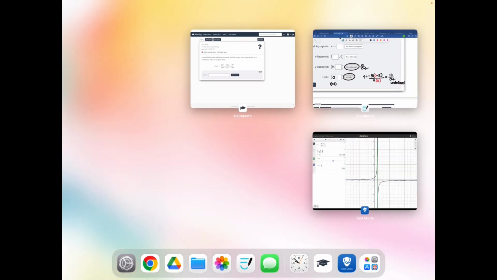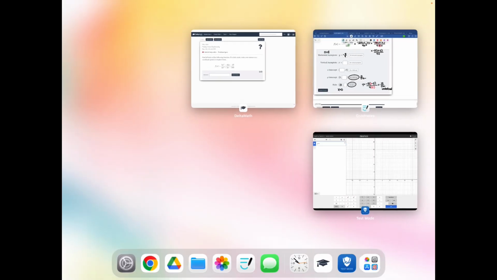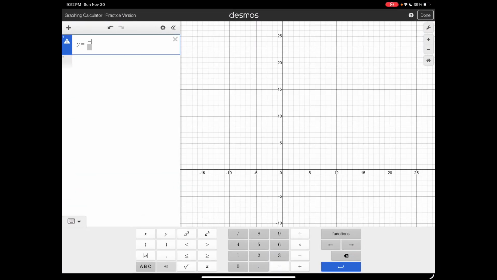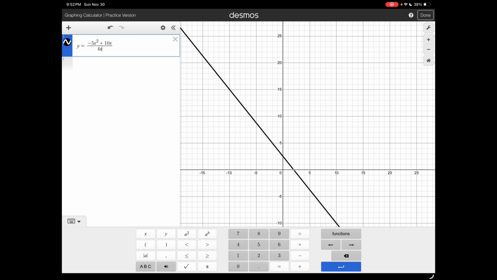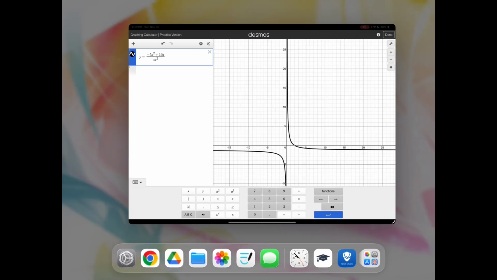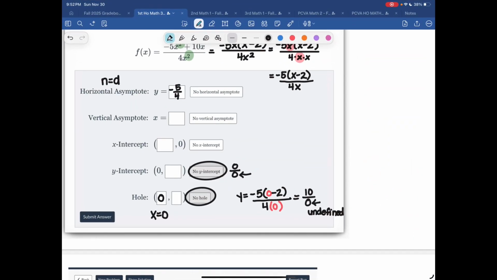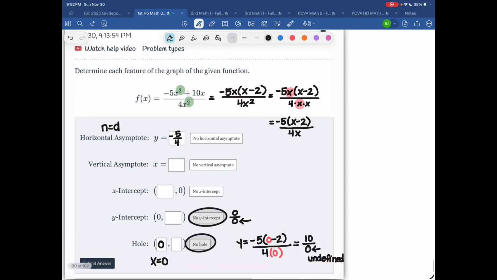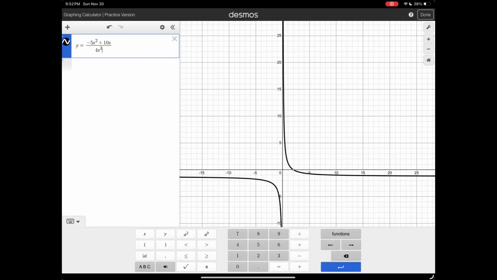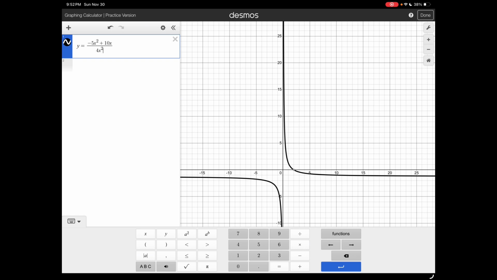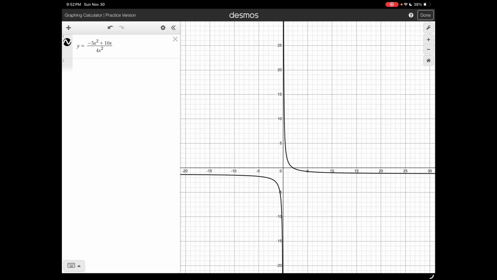All right, so let's look at it graphically. All right, so we have negative 5x squared plus 10x over 4x squared. All right, so we said that there was a hole at x equals 0.